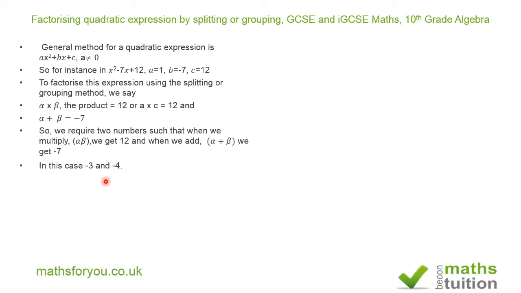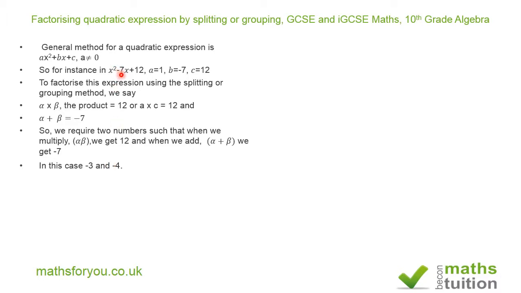So I come up with the numbers minus 3 and minus 4, because when I multiply minus 3 by minus 4, I get plus 12, and when I add minus 3 plus minus 4, I get minus 7. So that's okay.